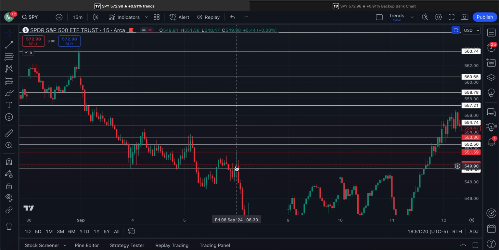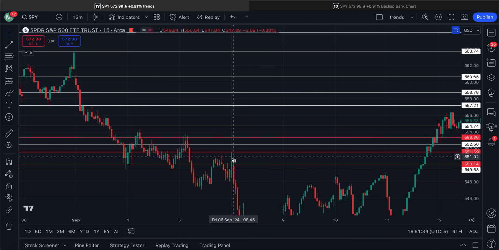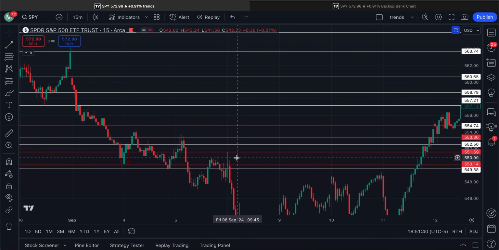This is a new day right here. We opened and got a test of our supply zone on the upside, but we cannot get a close out of our demand zone, which pretty much gave us the confirmation for more downside right here. It gives me price targets and continuation levels and all that stuff.